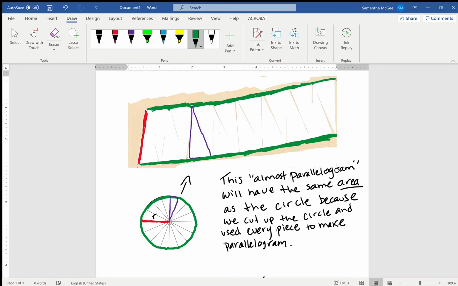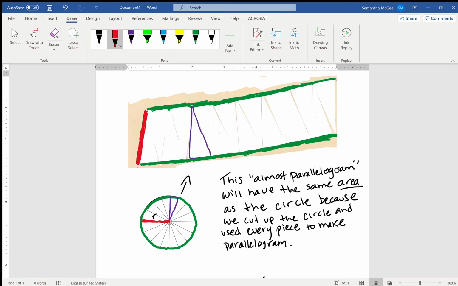Both of these lengths combined add up to be the circumference of the circle. Similarly, in red, the height of our parallelogram corresponds to the radius of our circle. Remember, the radius is half the diameter.